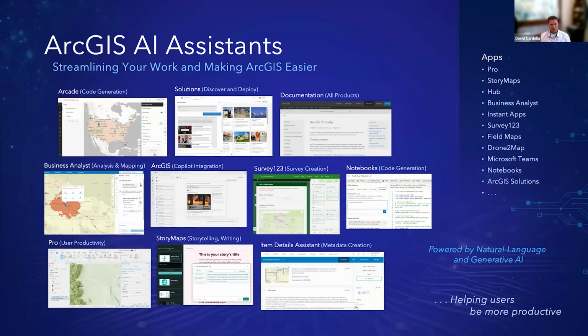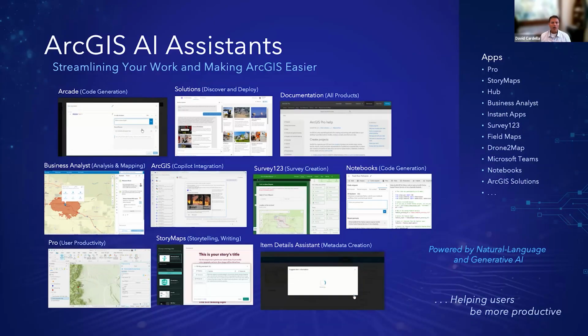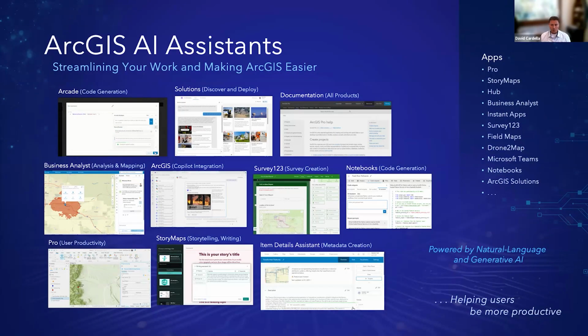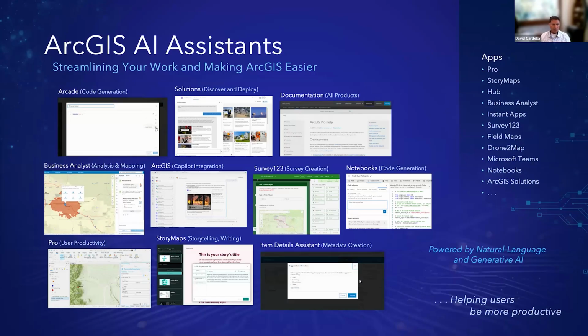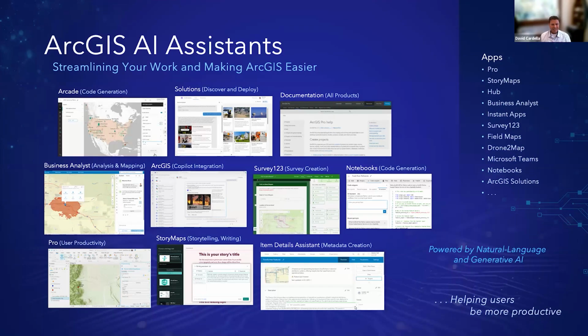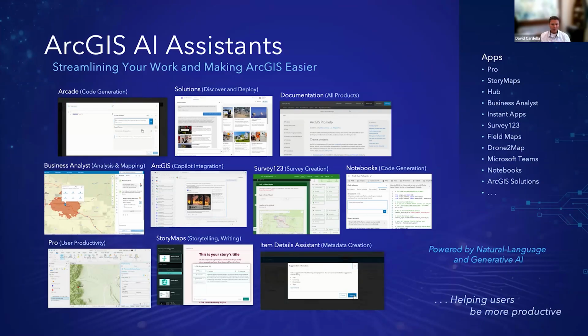We saw Anne show the Arcade assistant in the map viewer just now, but there are also other assistants, like a notebook assistant that can help you troubleshoot code, generate code, or a Pro assistant that can help you with productivity. And as developers, specifically with the Pro assistant, you have access to its Pro Assistant framework that you can use to further customize.